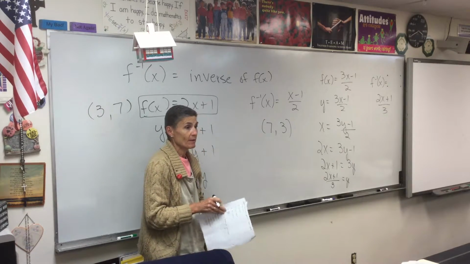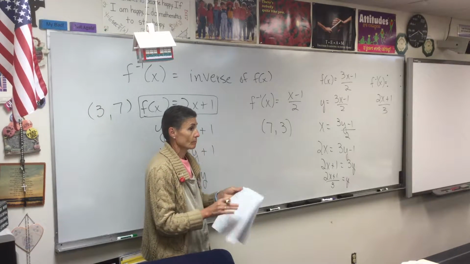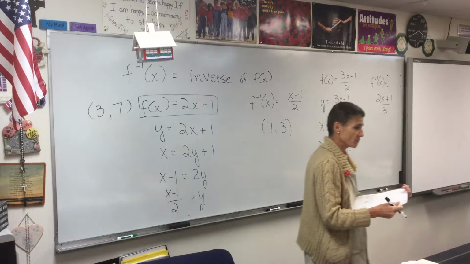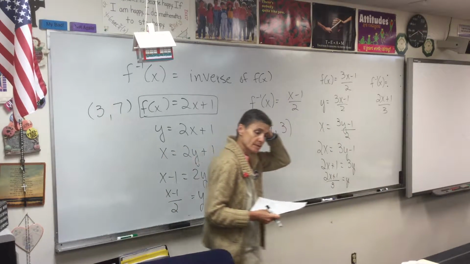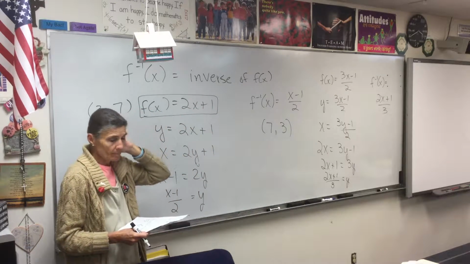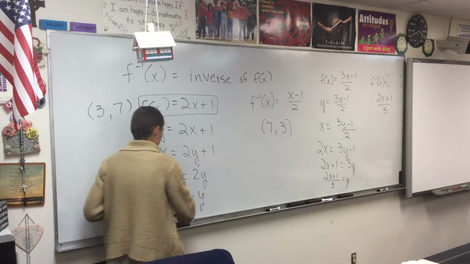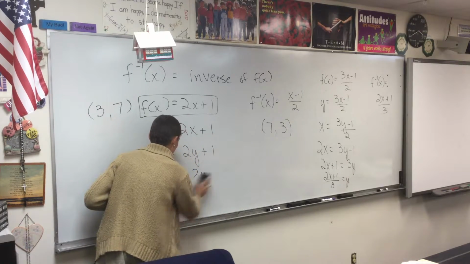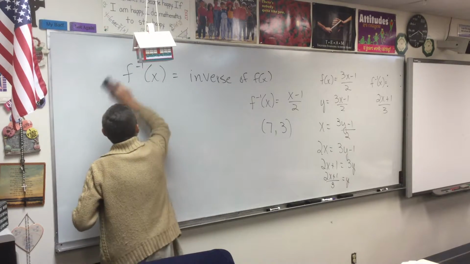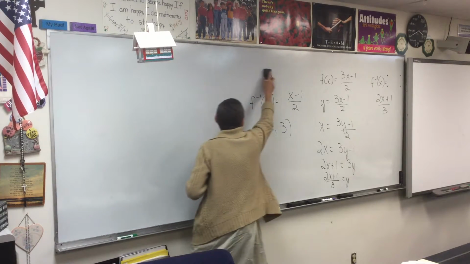Anybody have a question about that? All right, would you try C on your own? See if you can find the inverse for problem C. See if you can remember the steps. If you can't, maybe your neighbor can help you.